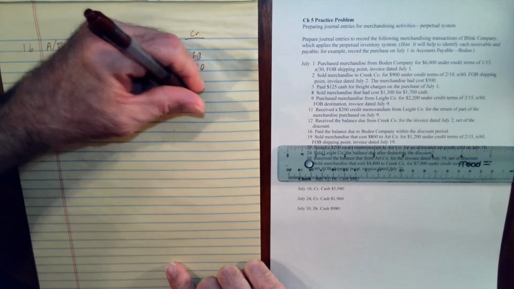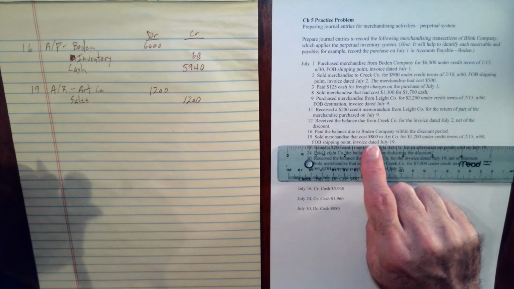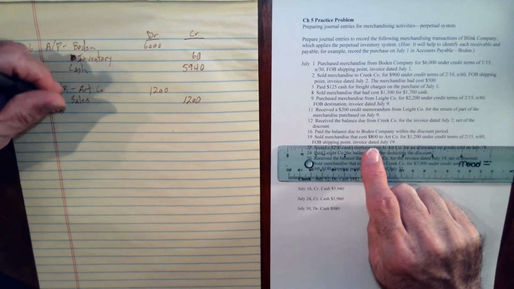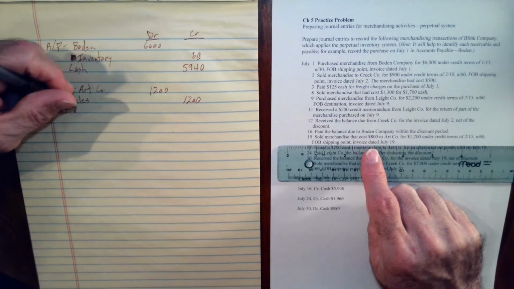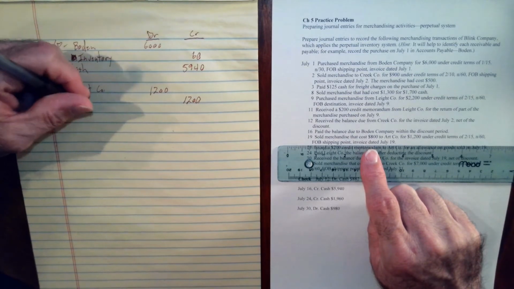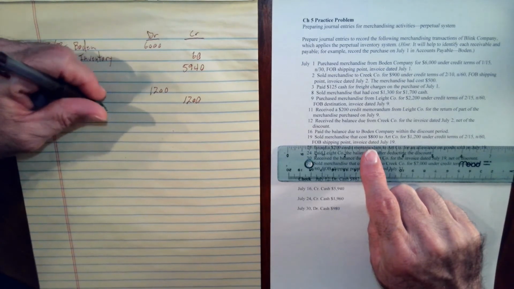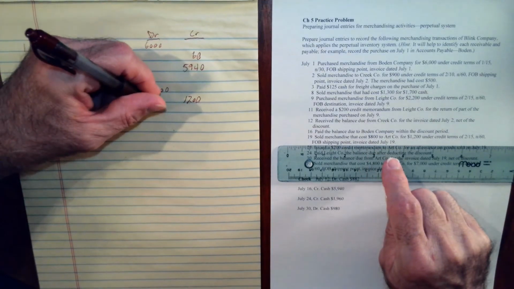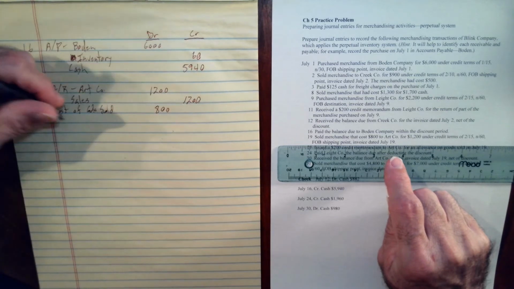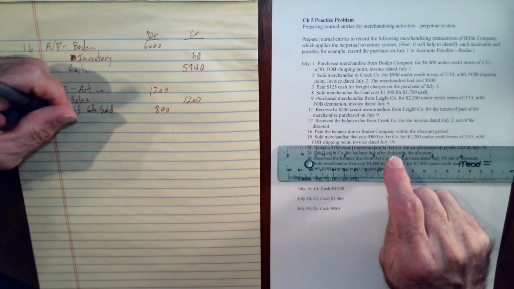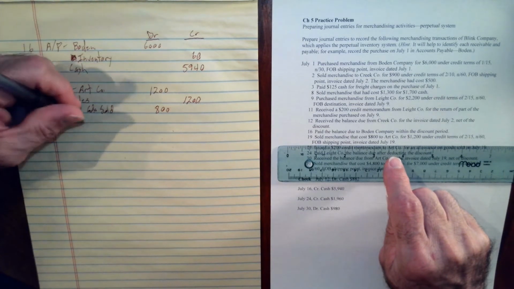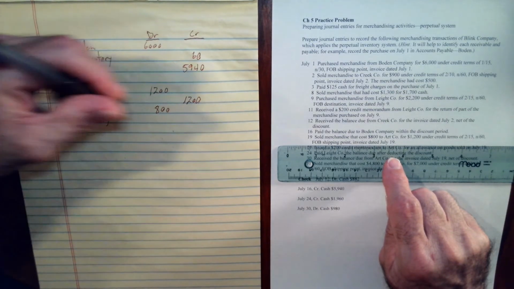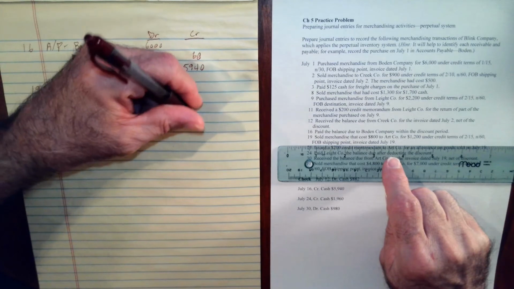And then the two-step process, I also have to record the cost of goods sold as it has been moved from inventory to cost of goods sold, and that'd be for $800. And credit inventory. Okay.